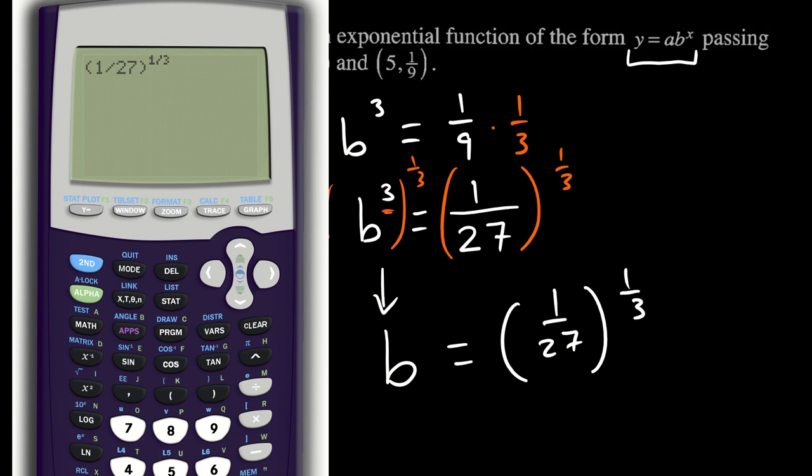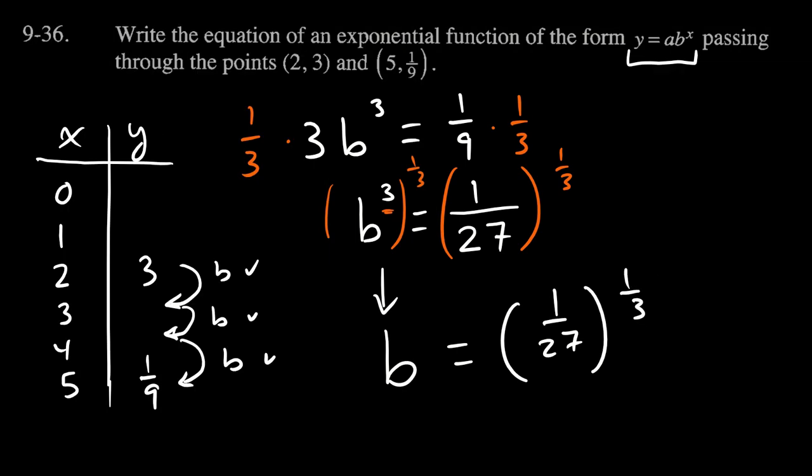If you're not sure what your calculator is doing, it's always helpful to just throw an extra set of parentheses around it. So now I know without a doubt this is 1/27th to the 1/3 power. And when I do that, I can see this. And if I'm not sure still what that is, I can always hit math and kick that into a fraction. Okay, that's 1/3. So the value b is 1/3.